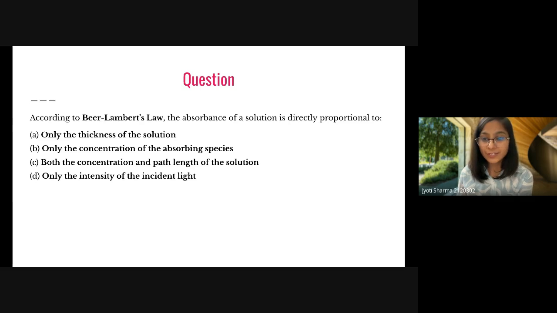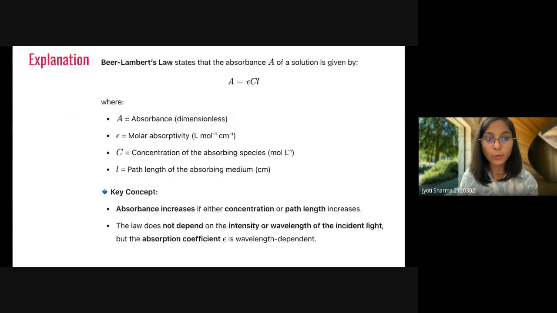Not only the concentration of the absorbing species, but also the path length. C is the right answer. Let me show you how.